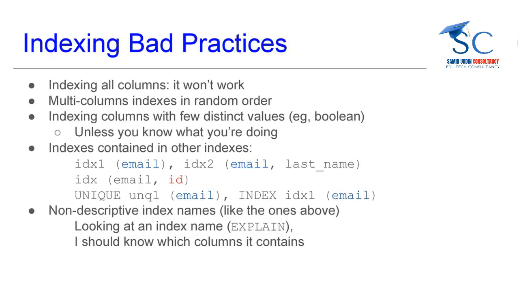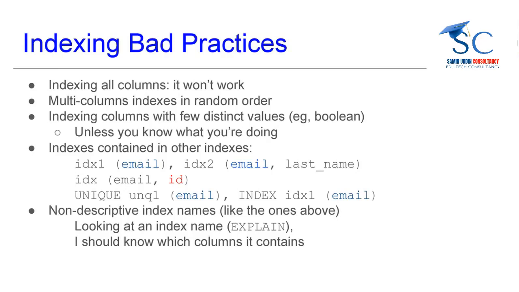You don't want to have so-called duplicate indexes, which are indexes that are contained in other indexes. You can see an example. In this example, you will have idx1, which is on email, and idx2, which is on email and last name. Okay, so those indexes start exactly in the same way, but they don't end in the same way.